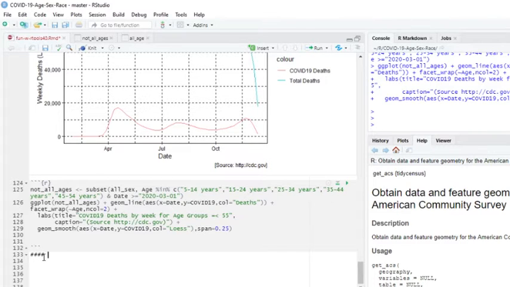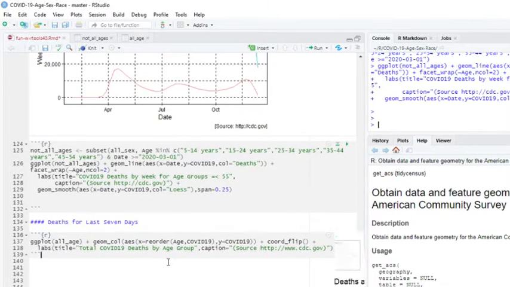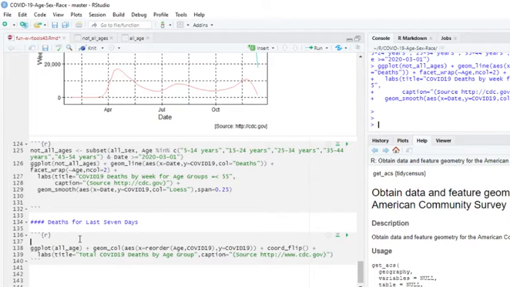Let's see. Deaths. Okay. Let's call this 7.